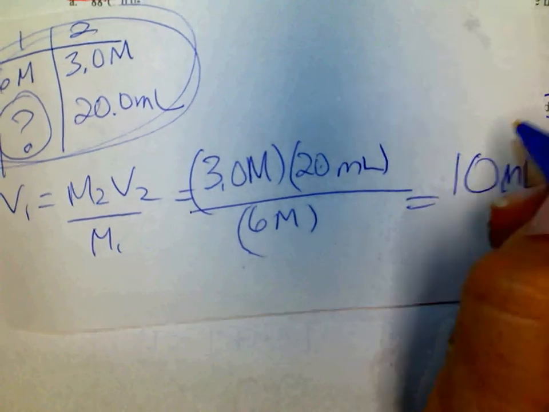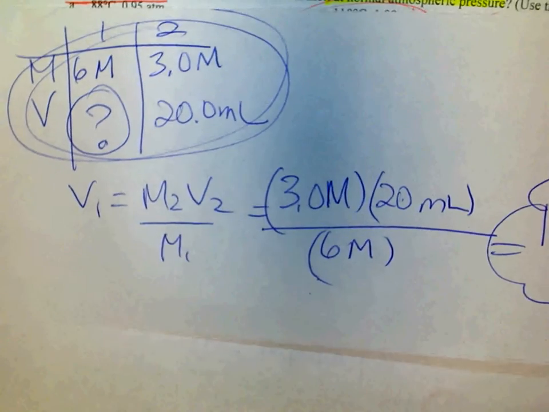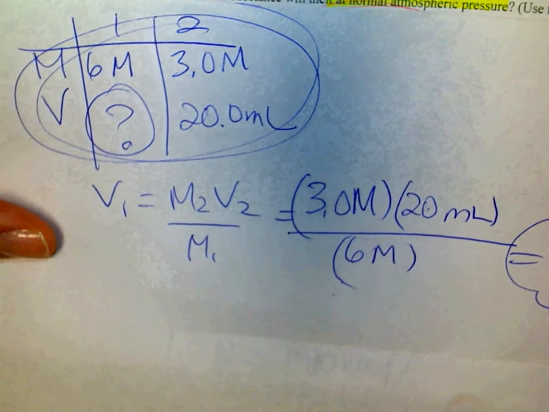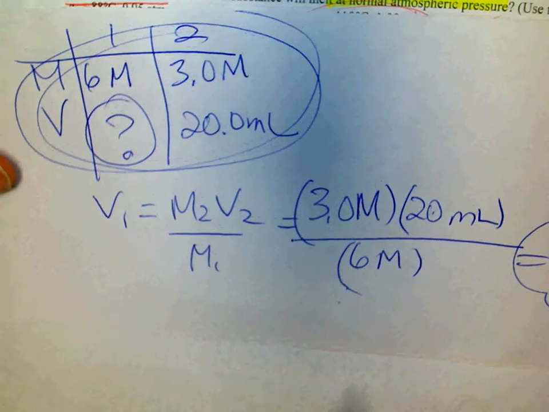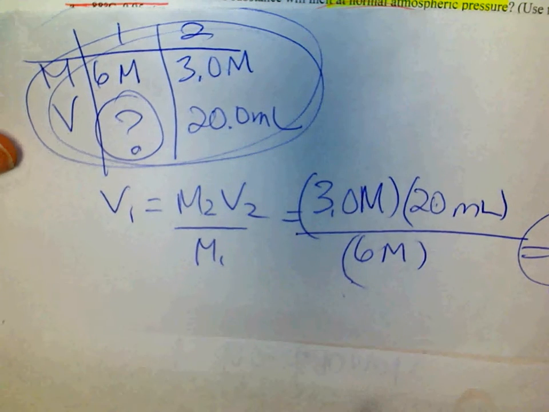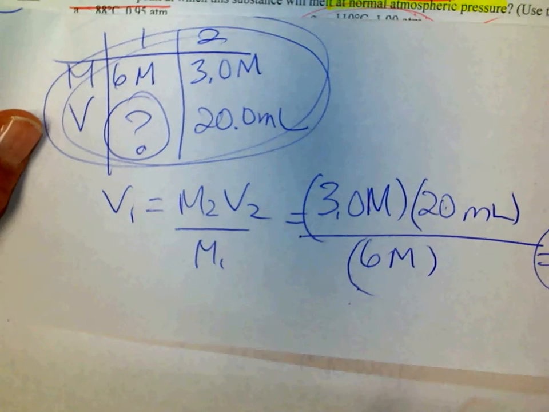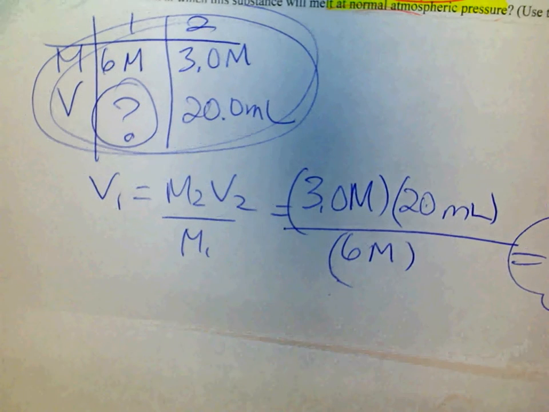Come on, kids, these days. Josh, what's half of 20? You said 10. Thank you. All right, well, if you asked me what's half of 20, I would have said 10 too. Josh, what's 3 divided by 6? 2.